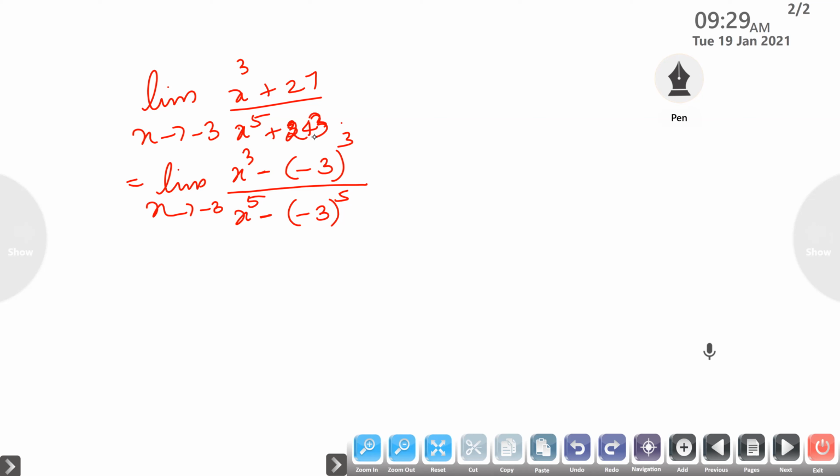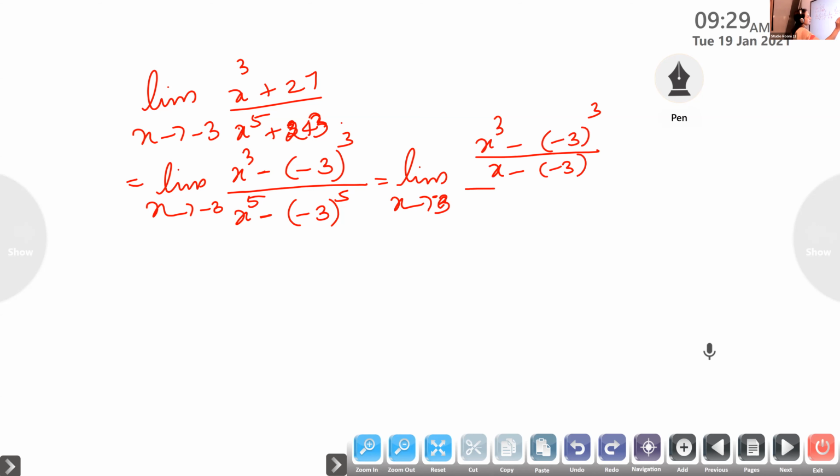Now, if we want to use the identity, we need x minus a in the denominator, isn't it? So we divide the numerator and denominator by x minus of minus 3. In the same way, the denominator is x raised to 5 minus of minus 3 raised to 5 by x minus of minus 3.